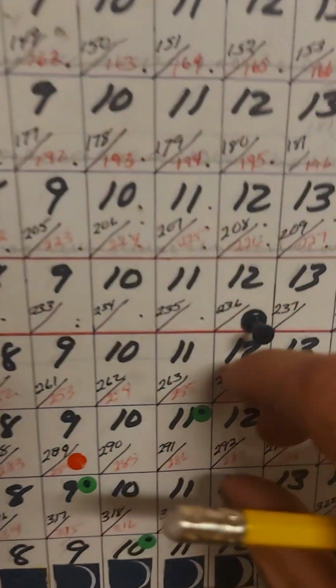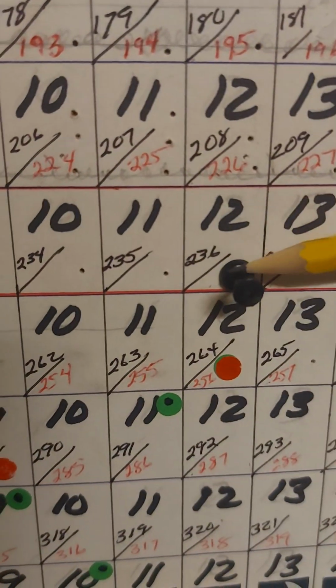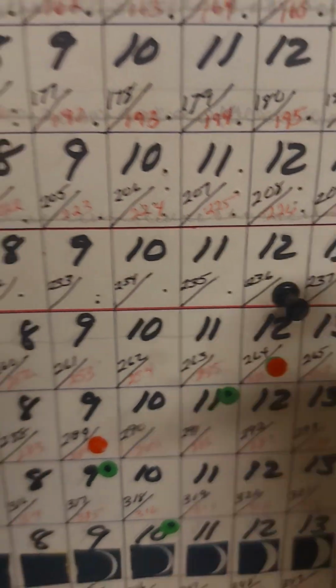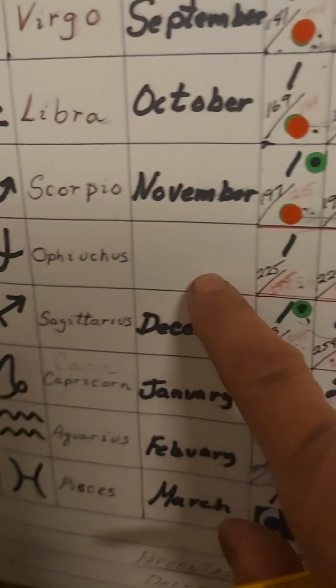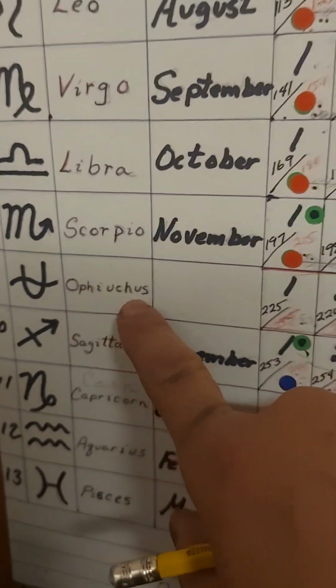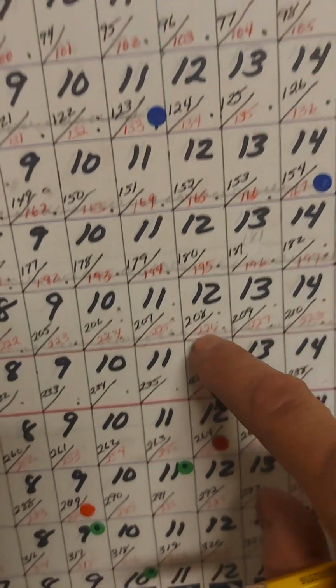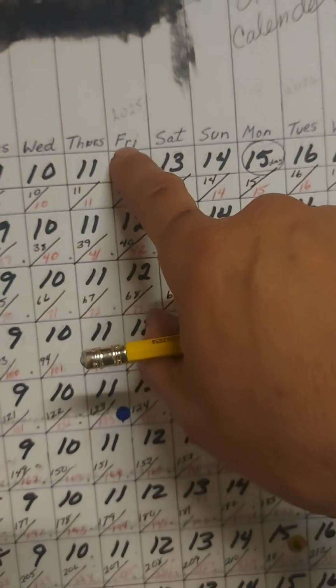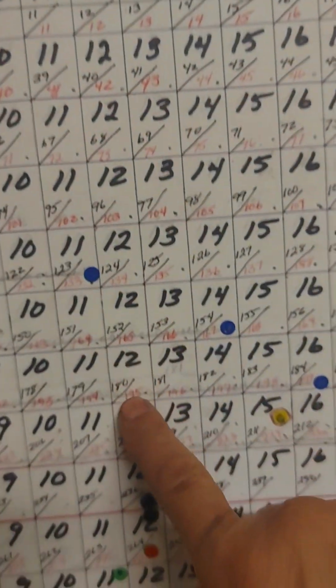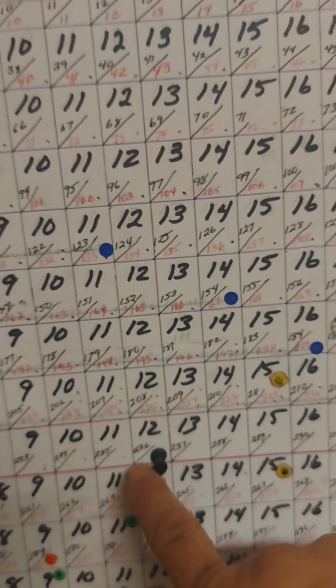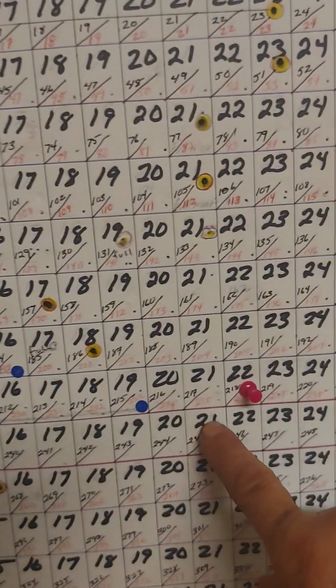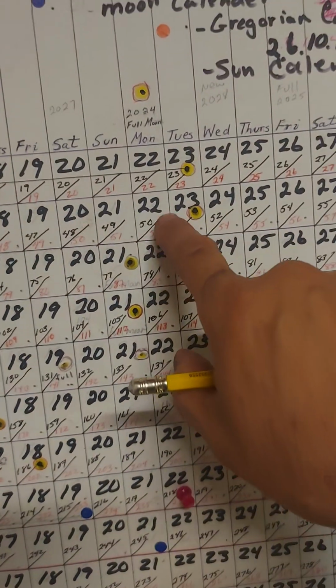And on your lunar calendar, 236 days is the 12th on the 9th month. And it will land on a Friday, which is correct. That is always constant and always right. This one will land on a Monday.